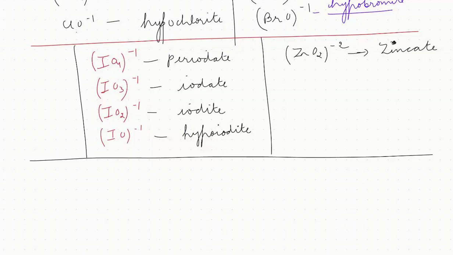Then we would have AlO3 minus 3. This would be aluminate. And we would have AlO2 minus 1. This would be metaluminate.